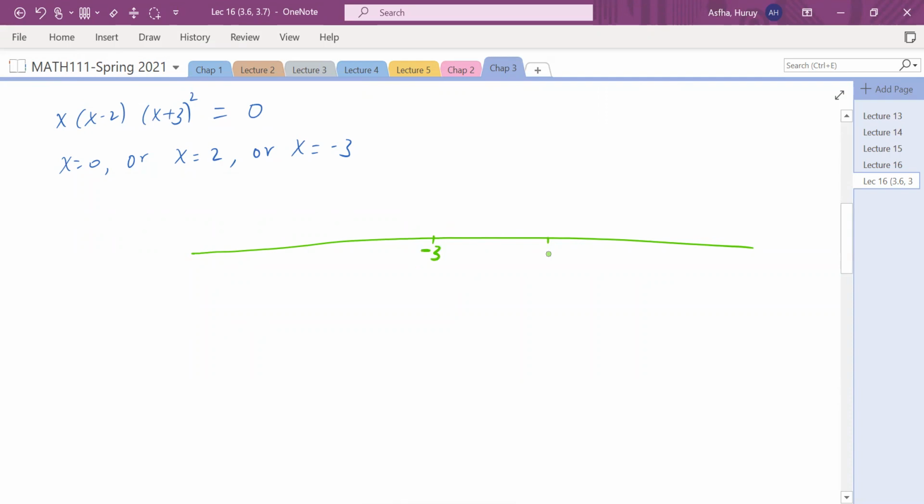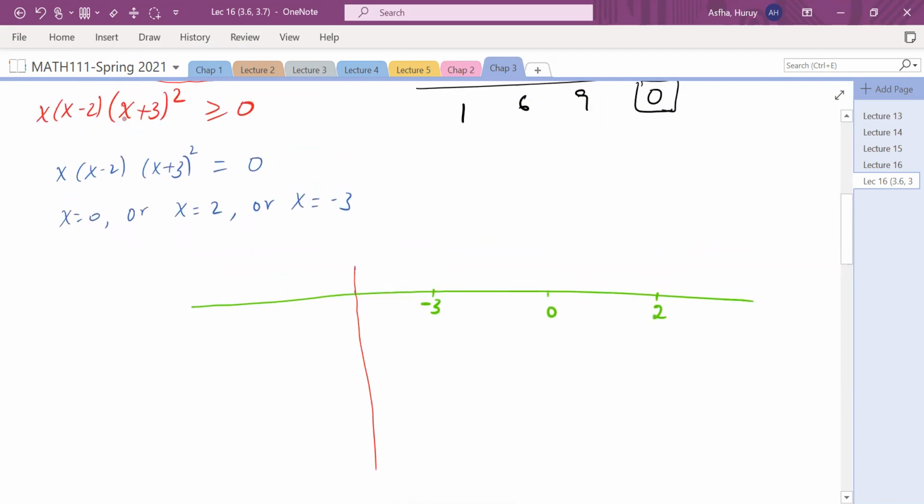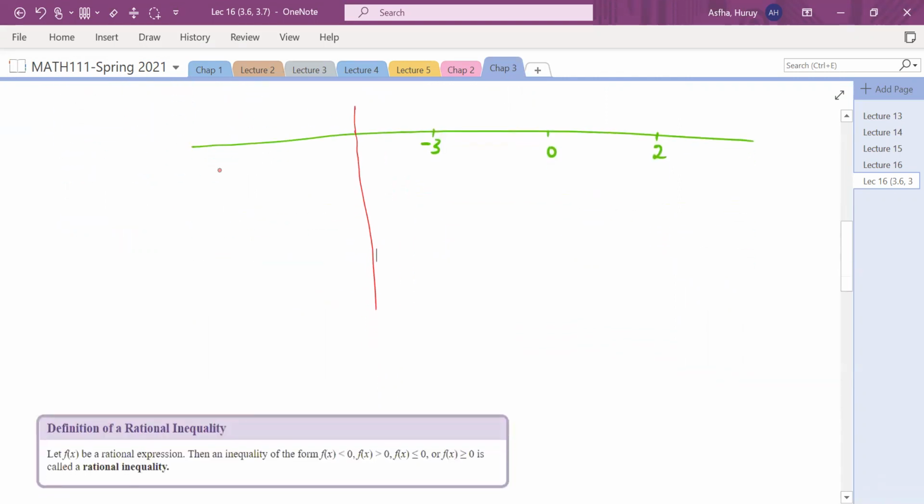The next is 0, the next is 2. So now the next is we write these factors one by one. Here we have the factors x, x minus 2, x plus 3.